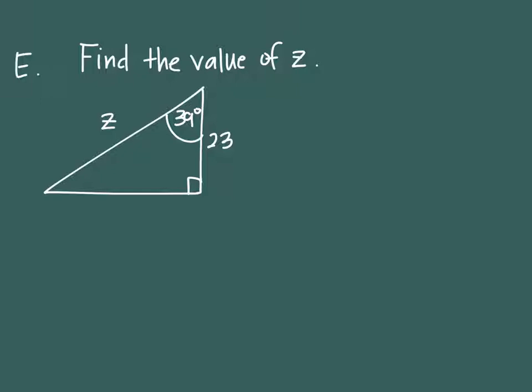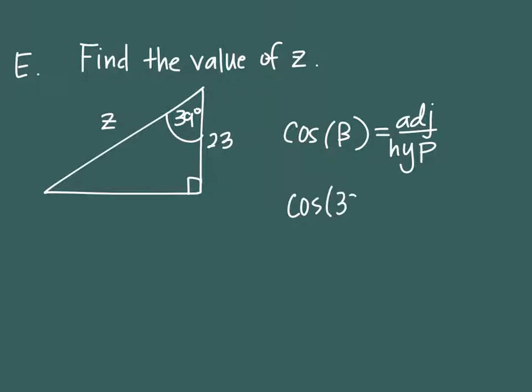What uses those 3 things? Cosine, right. So cosine uses beta, adjacent, and hypotenuse. So then you plug into that formula. So cosine of beta, which is 39 degrees, equals adjacent, which is 23, over hypotenuse, which is z.